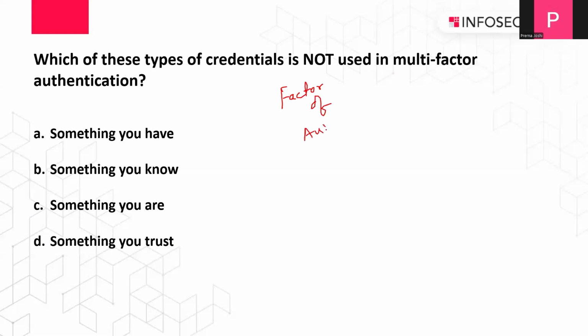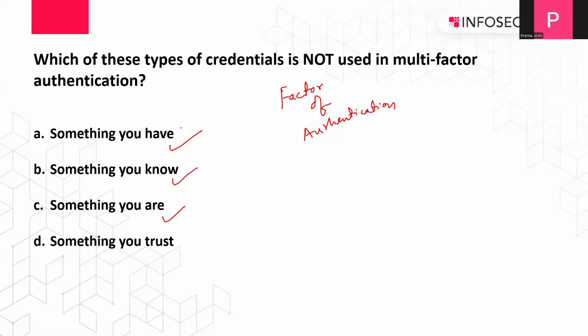For the exam perspective, not only for CC but other exams as well, you will find these factors of authentication. We have mainly 3 factors: something you have, something you know, something you are. Something you have means things you have, like a token, or a smartphone in which you will get a pin. That is something you have.